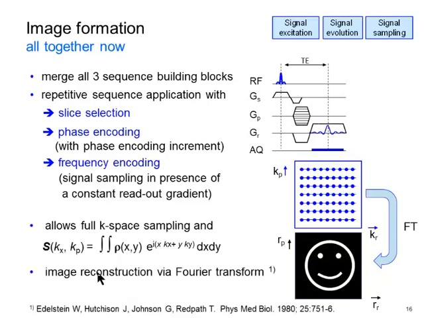You know that the corresponding signal is just the spatial signal density modulated by the phase encoding terms, in which we find this scalar product between the spatial coordinates and the k-space coordinates, summed over the entire volume. Looking at this formula, you easily see that an inverse Fourier transform of these sampled data gives us the desired image. So actually, this is spin warp imaging.